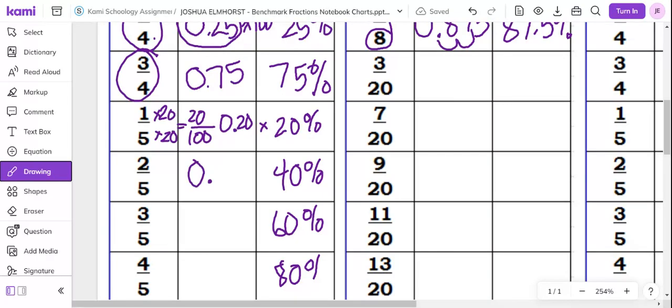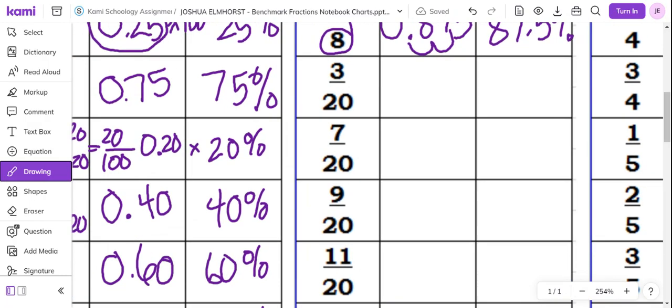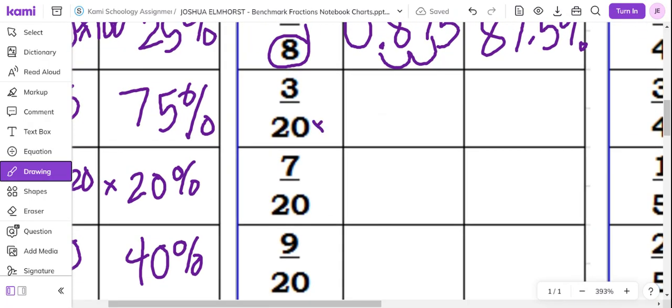So go ahead and complete the chart. So it's going to be 0.2 or 0.20, 0.4 or 0.40. The tens place value is not going to change. So if we multiply 5 times 20 to get 100, if we go over to the other side, what are we going to multiply 20 by? 5.